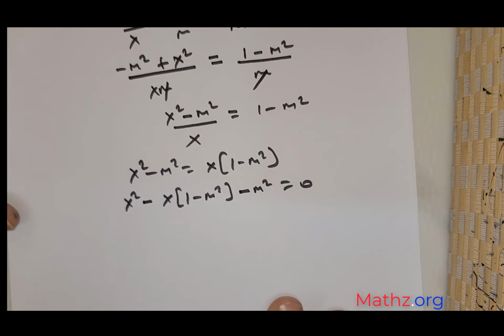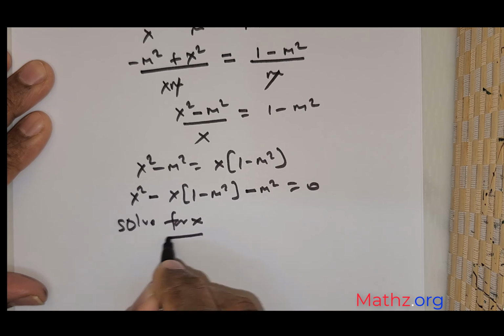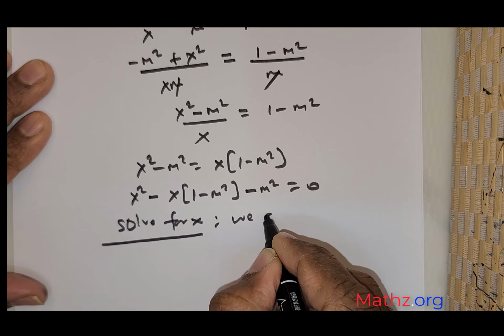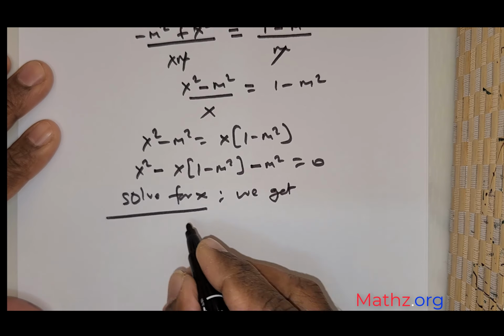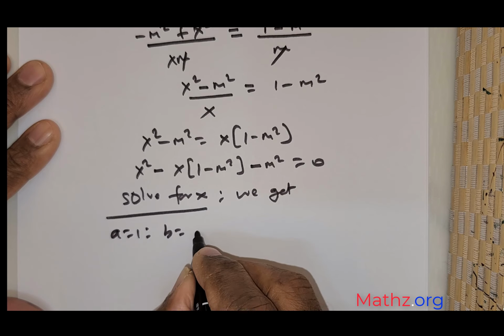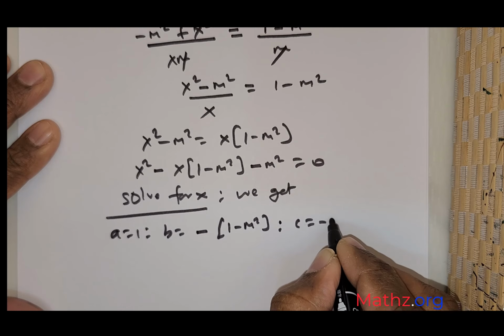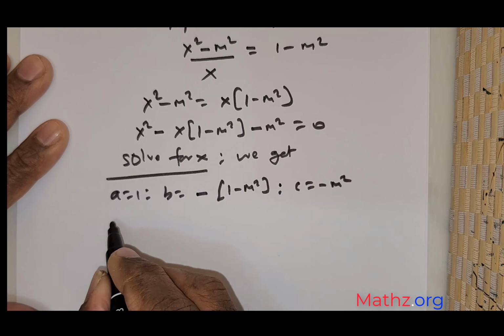Now you will have to solve for x. We get, what would we get here? So a is equal to 1, b is equal to negative of 1 negative m squared, and c is equal to negative m squared, right?